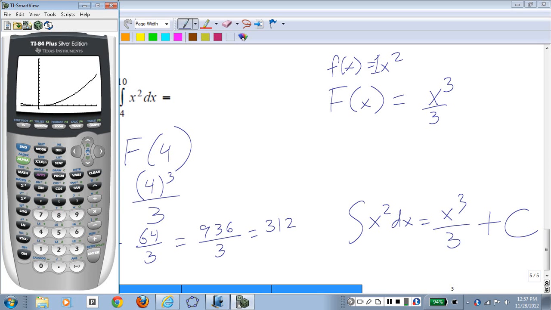Okay, maybe I could have gone higher, but we want the area from 4 to 10. That's the area.